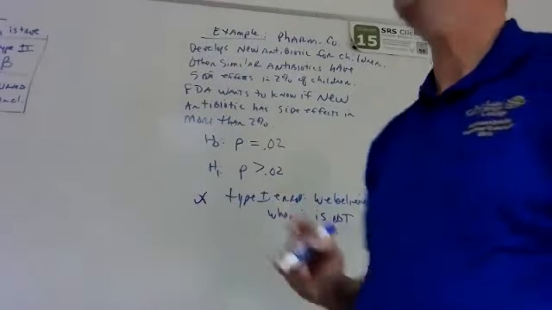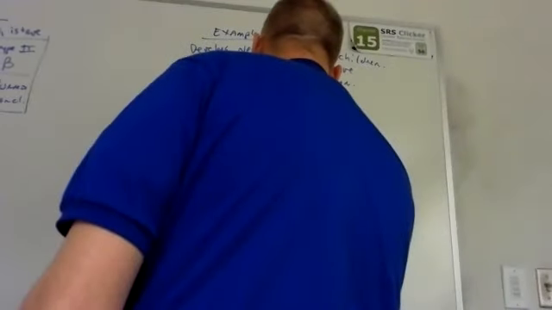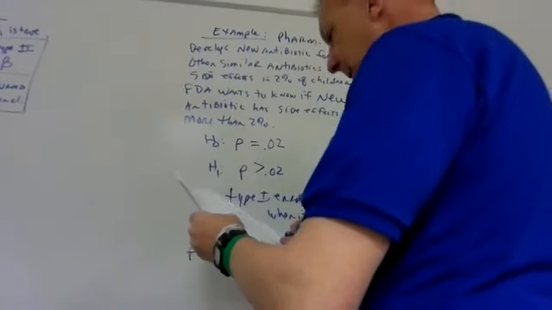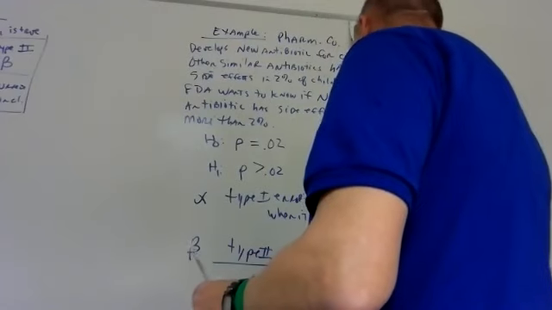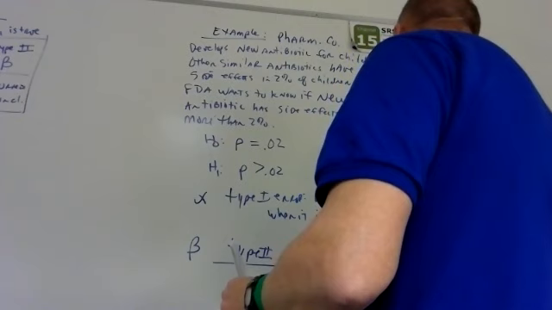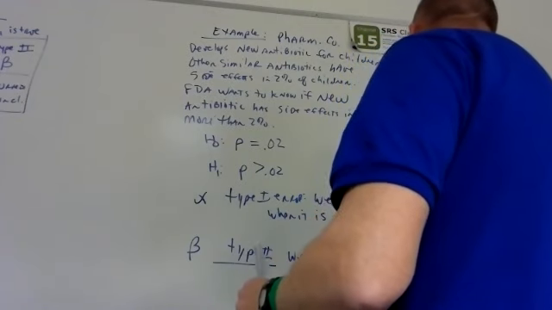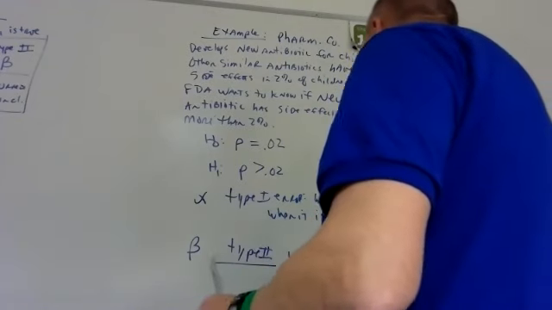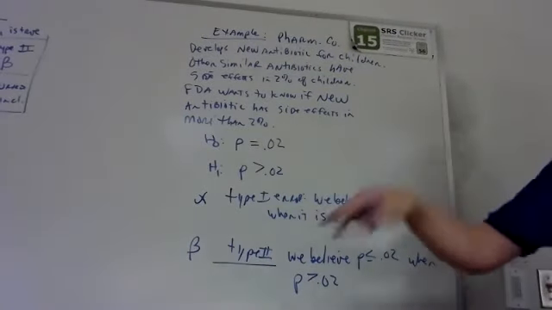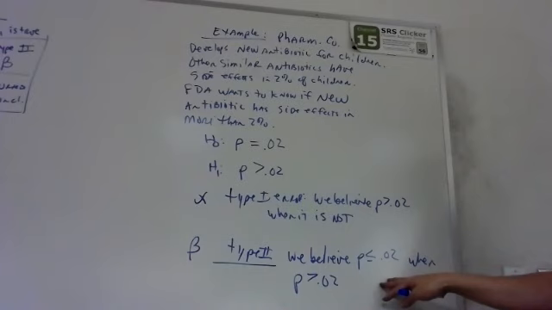Which mistake would you rather make? The type 2 error, the beta in this case, says we believe that P is less than or equal to 0.02 when P is greater than 0.02. So we think it's safe, but then we release it to the public and we find out that it's not safe.